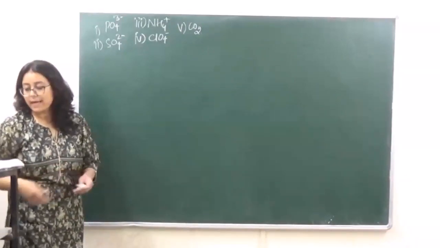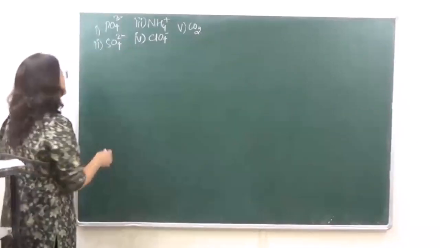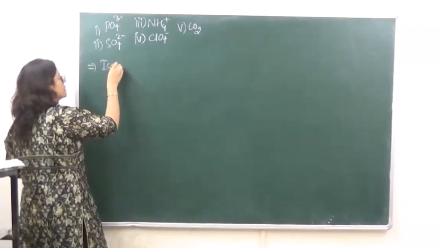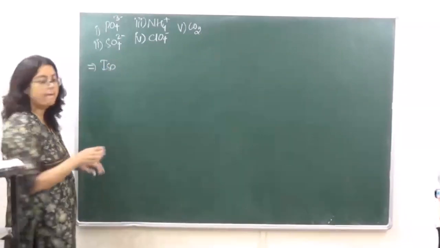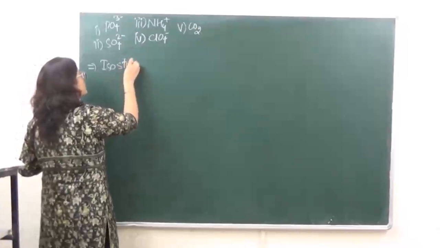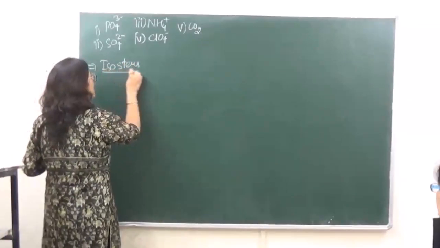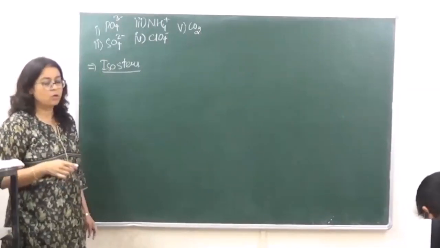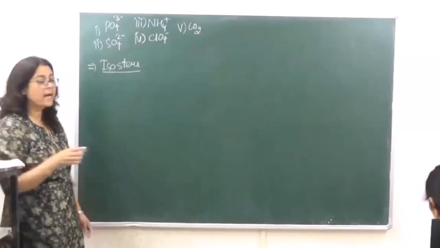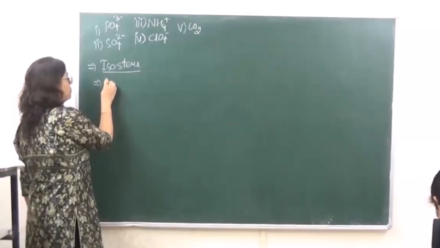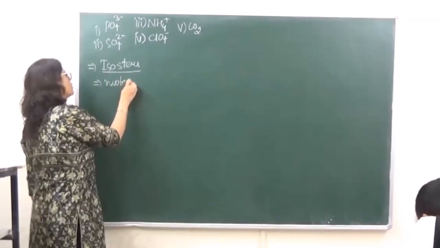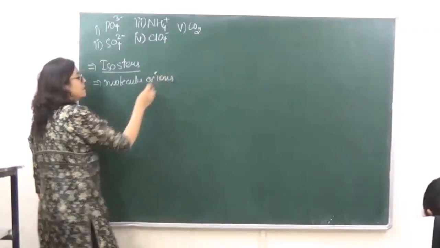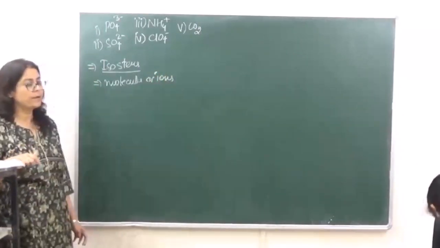Right? So next thing we have, what do we understand by the term isosters? This is again an important concept. Isosters or isosteric species. Okay, isosters are molecules or ions. Ions have to be polyatomic over here.